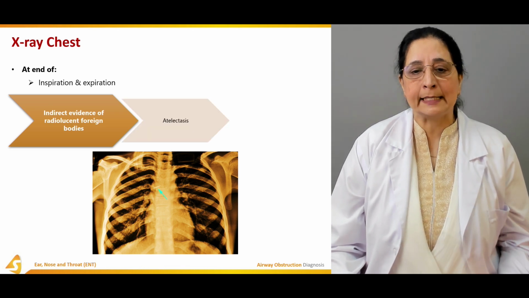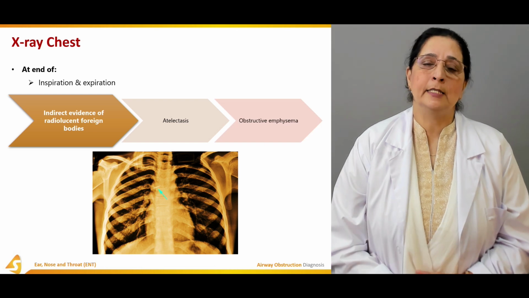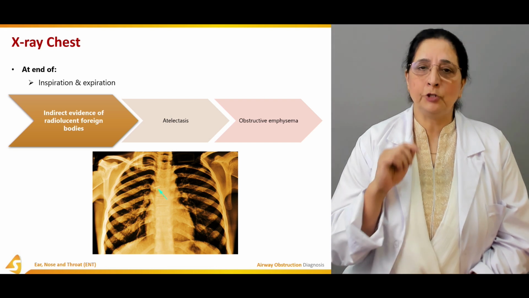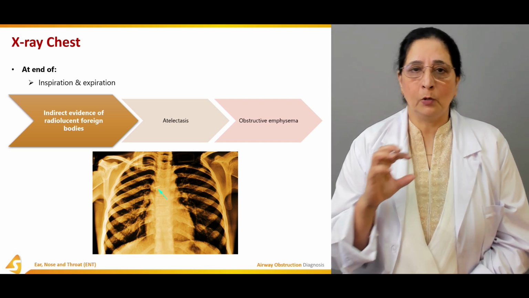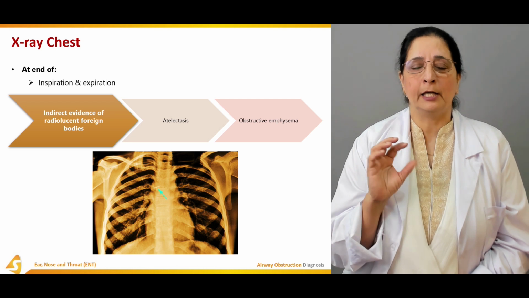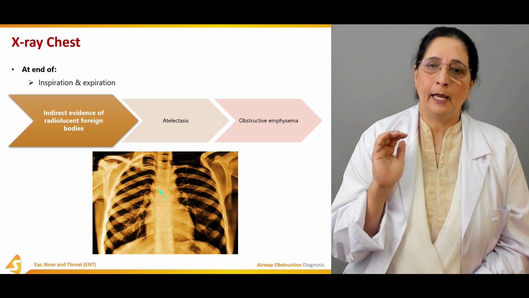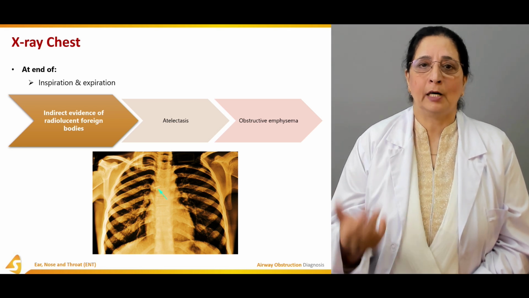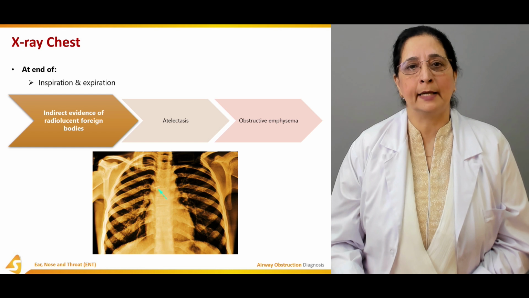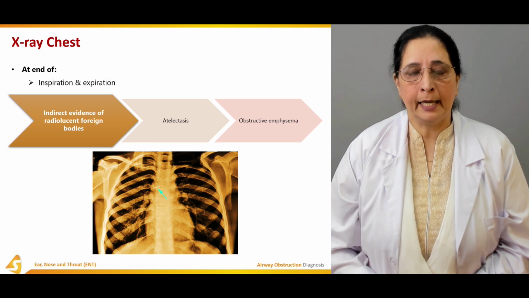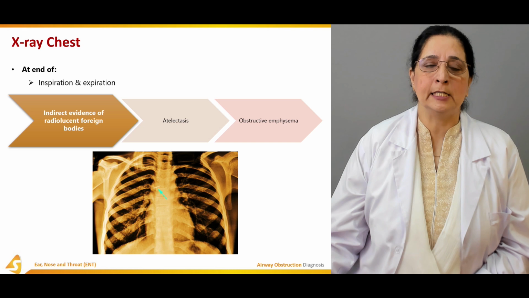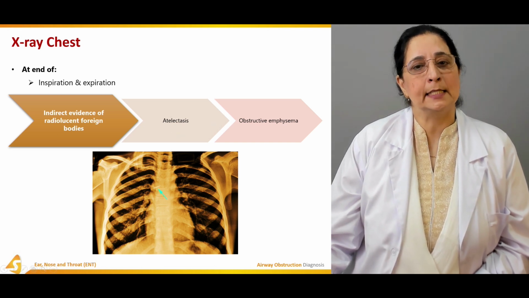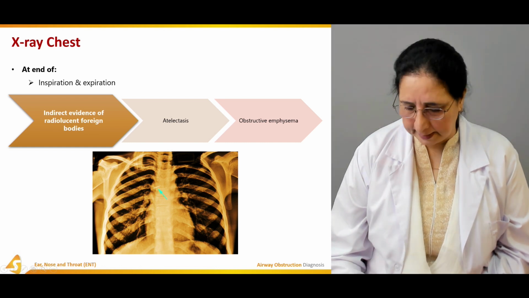We have atelectasis present and there is obstructive emphysema present, and we already talked about the closed valve obstruction and check valve obstruction, and it can cause the obstructive emphysema, later on atelectasis. All that can give the indirect evidence of radiolucent foreign body if there is atelectasis and obstructive emphysema.